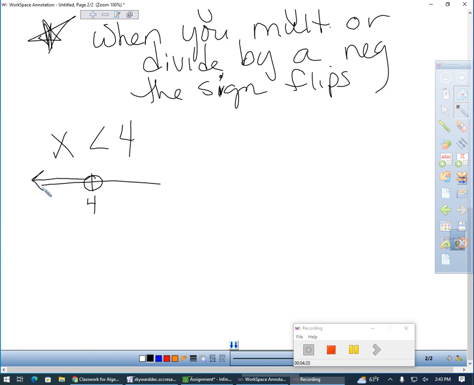You'll notice the arrow on my line and the inequality sign look the same, right? The interval notation, because you're starting at the arrow, starts at negative infinity, goes all the way to 4, and when it's an open dot, it's a parenthesis.